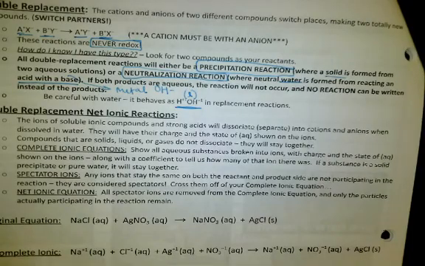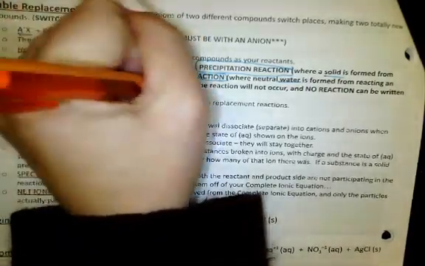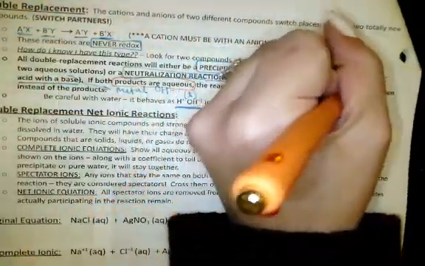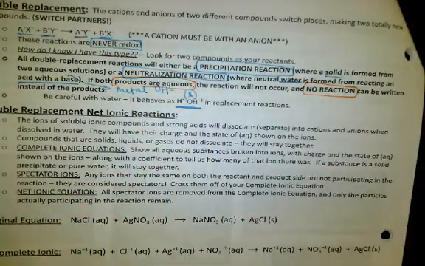Okay. Now, a reaction says if both products are aqueous, okay, if both products, not reactants, but products are aqueous, then it's no reaction, because that's basically like mixing two, I don't know, sodas together. Say you mix Sprite and Coke together, does a reaction occur?